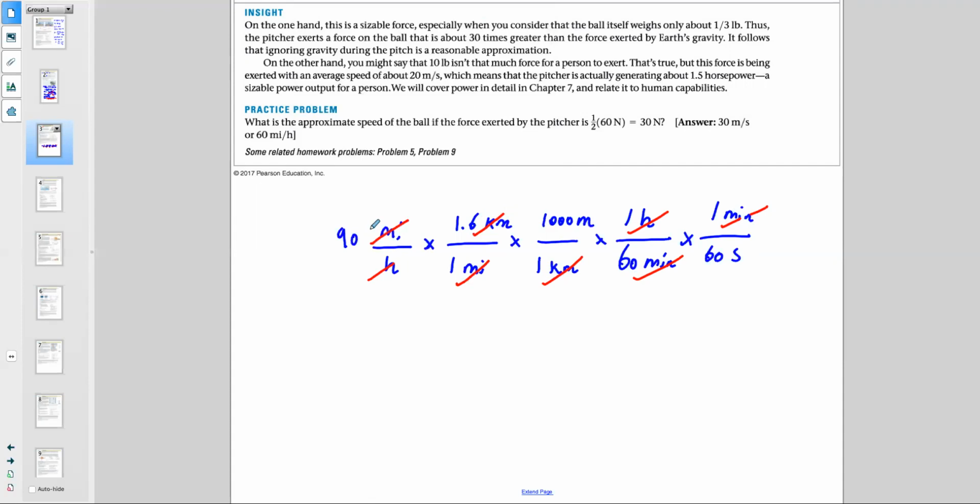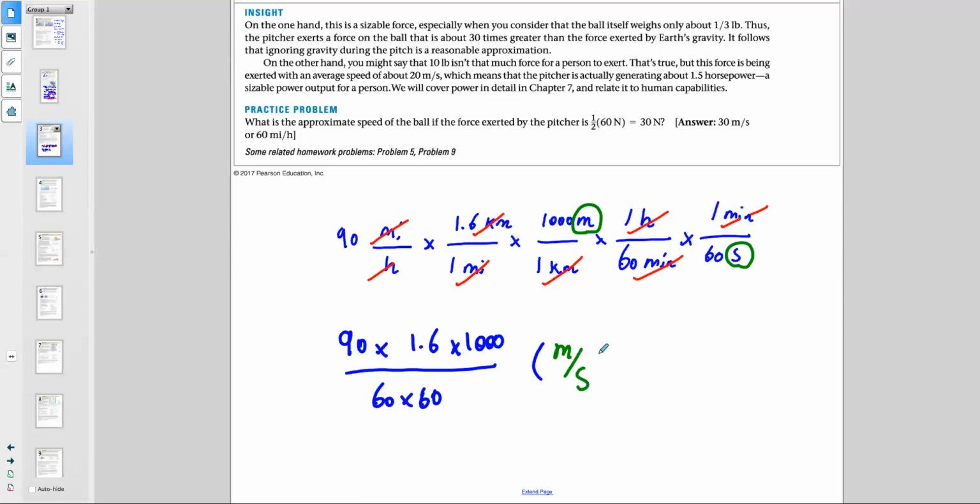I am left with 90 times 1.6 times 1,000, over, what do I have in the denominator? 60 times 60, and the unit is the right unit right now, meters per second.